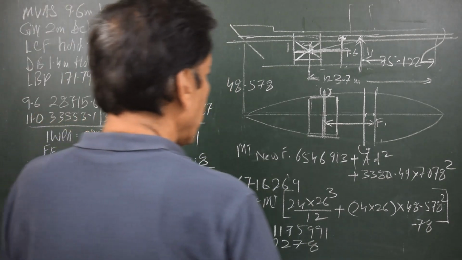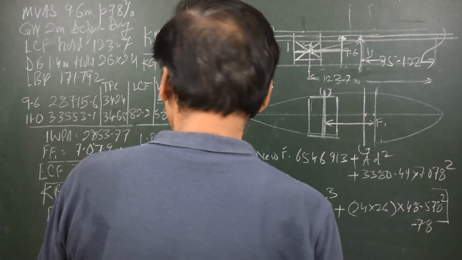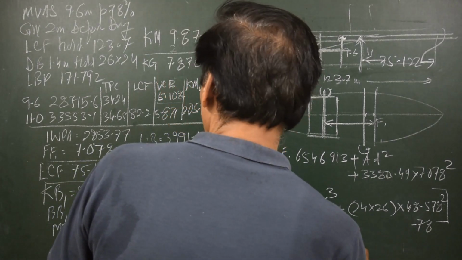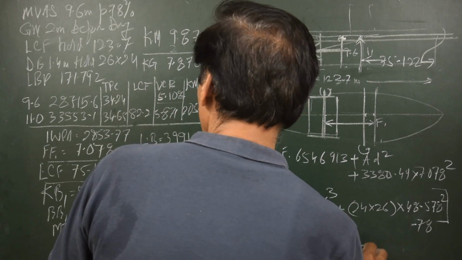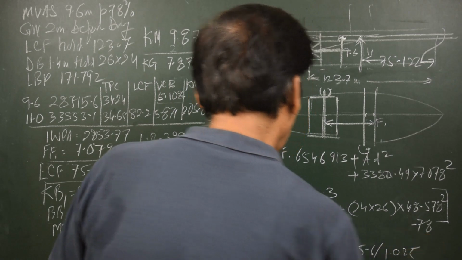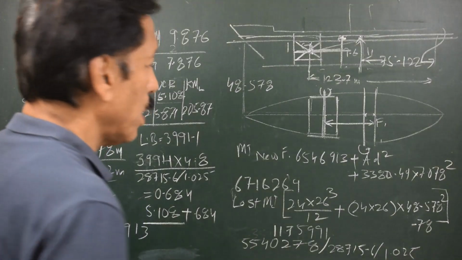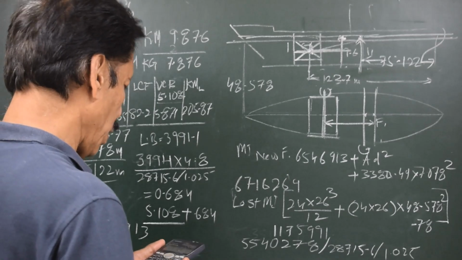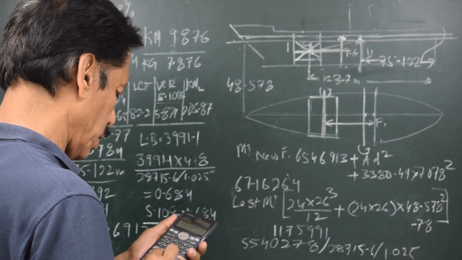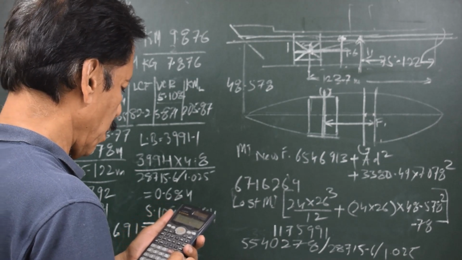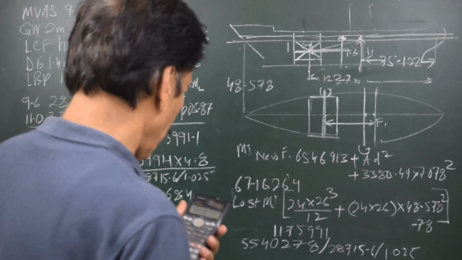So what I get is 5540278, and this divided by the intact underwater volume, that is 28715.6 divided by 1.025, should give me the new BML. So the new BML is 197.759.